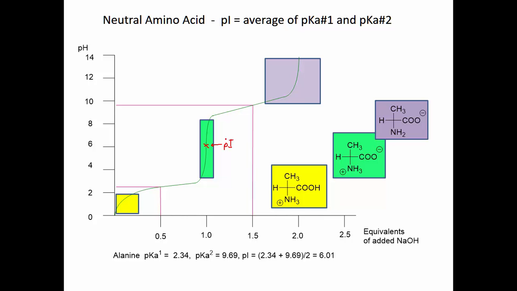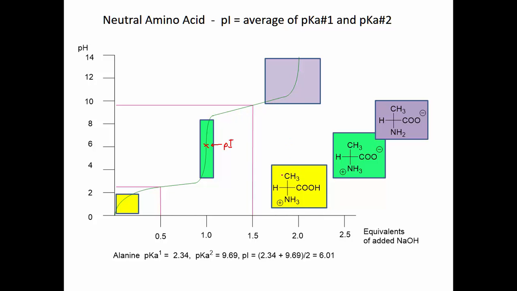Okay, so we're going to start out in this titration with the cationic form and pure form. As we add more and more base, the pH of the solution gets higher. And when we've added one, pH here is equal to the pI, and it keeps getting higher and higher.